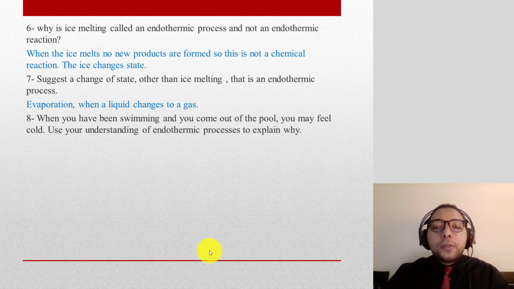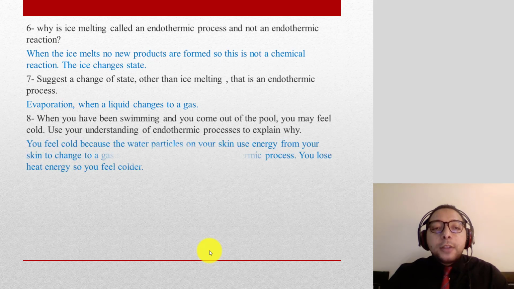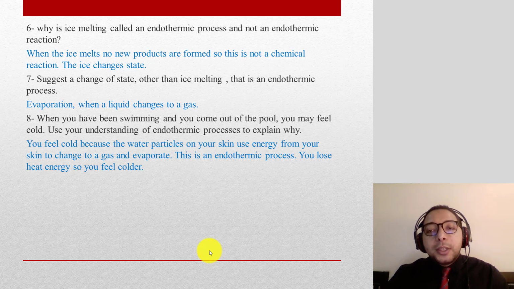Use your understanding of endothermic processes to explain why. As you know, we feel cool because the particles of the water on top of our skin will gain energy and evaporate. So they take the energy from our skin in order to change from liquid to gas to escape to the air. That's why by losing the heat energy from your body, you're going to feel colder.